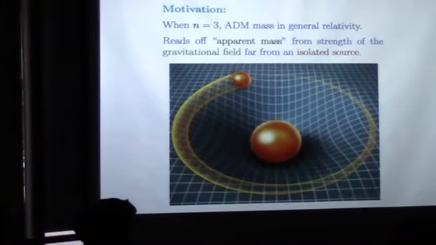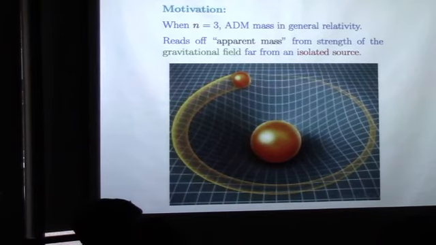So the idea was to have a formula that reads off the apparent mass of an isolated gravitational system from what's happening far from the source. General relativity, unlike the Newtonian theory of gravitation, involves nonlinear PDEs. You can't find out what the total effective mass of the system is by just integrating some local mass density, because the equations of general relativity are nonlinear, there's a kind of self-coupling of the gravitational field.